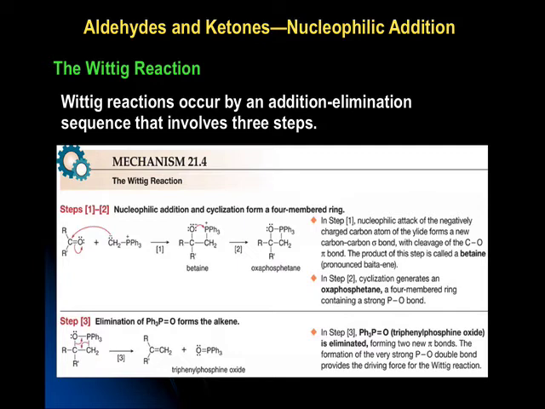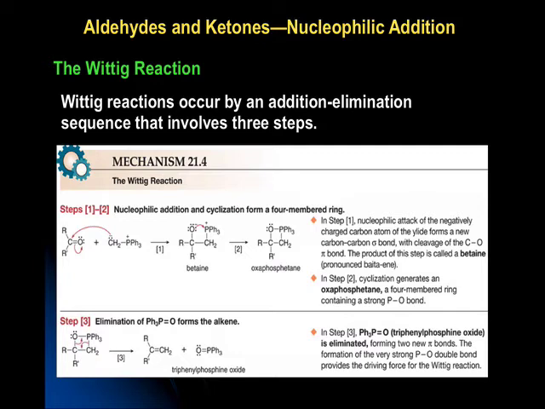What do we know about 4-membered rings? They're kind of unstable. They're strained, right? And so what happens is it undergoes an elimination to form triphenylphosphine oxide plus the carbon-carbon double bond. They have observed all of these species by NMR. We know that this is how this reaction proceeds. And the reaction proceeds because the phosphorus-oxygen double bond is so strong.